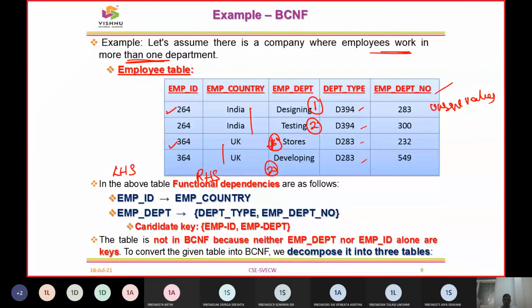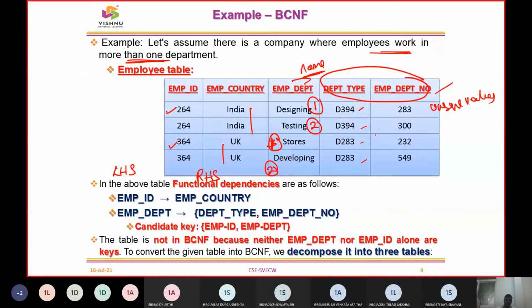Similarly, if I take the department, now this department name is going to be dependent on the department type and department number.